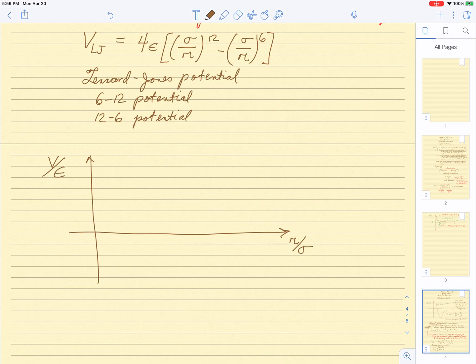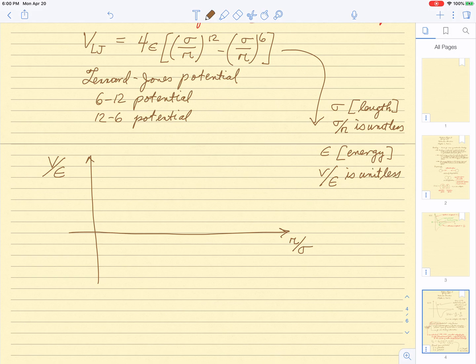Now, clearly from the equation above, we see that if sigma has units of length, then sigma over R is unitless. And hopefully you recognize that epsilon has units of energy, and then V over epsilon is unitless.